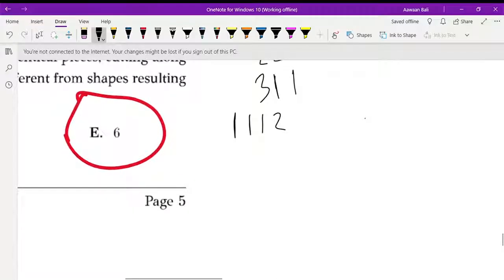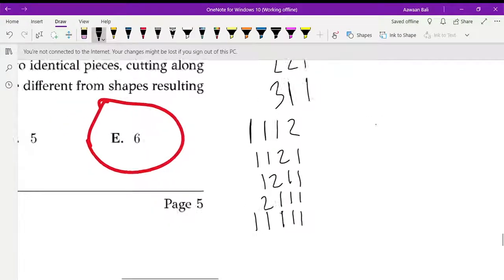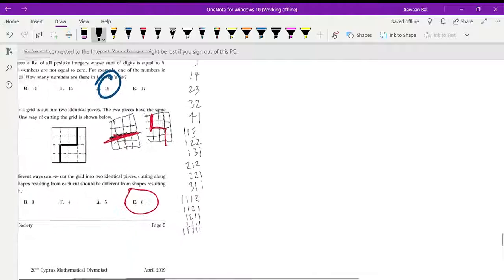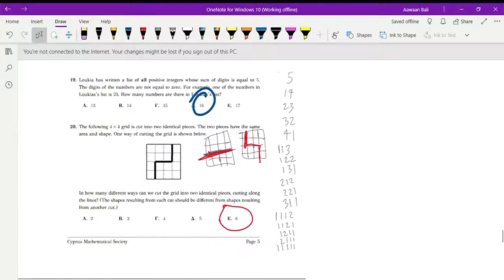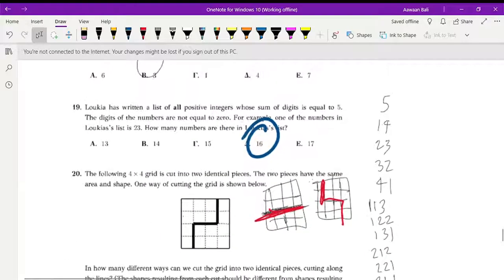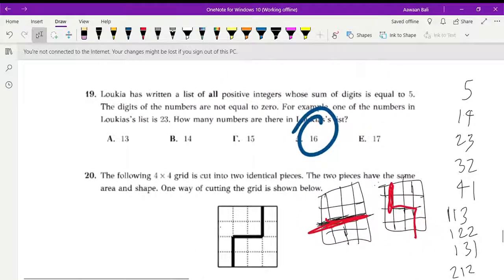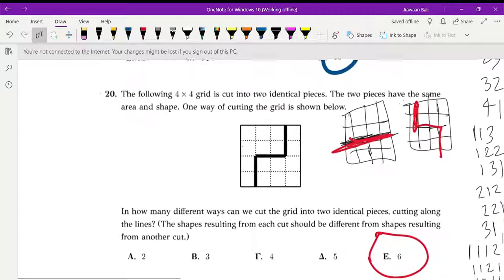And then we can say 1121, then 1211, all the way to 2011, and then the 5-digit number 11101 is basically the last one. So you can count 1, 2, 3, 4, 5, 6, 7, 8, 9, 10, 11, 12, 13, 14, 15, 16. You can pause the video and count it yourself to check all of the numbers, but the answer is delta, 16.